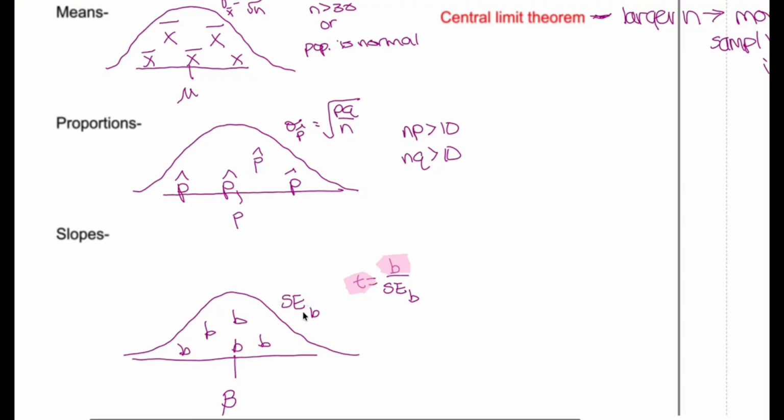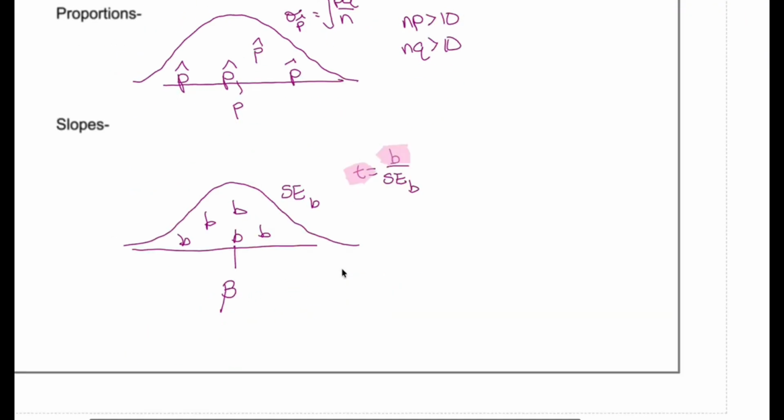For the standard deviation, make sure you use this notation, SE sub b, to represent the standard deviation for the slopes. And we cannot use any formulas to directly calculate SE sub b. However, we can use this relationship, which is t equals b over SE sub b, and rearrange this formula a little bit. You can calculate what the standard error for b is.